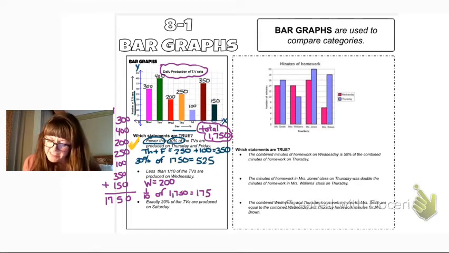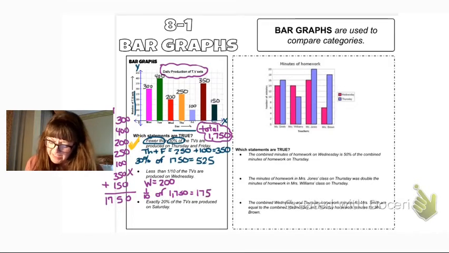And this says less than 1/10 of the TVs are produced on Wednesday. So we look and see, well, on Wednesday, 200 TVs were produced. We need to see, is that less than 1/10? Well, 1/10 is 175. 200 is not less than 175. So this one is not true.